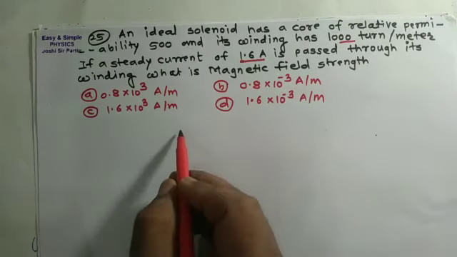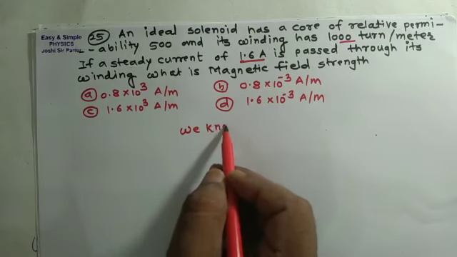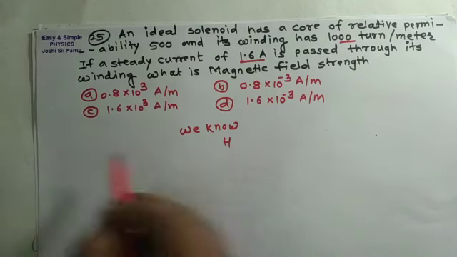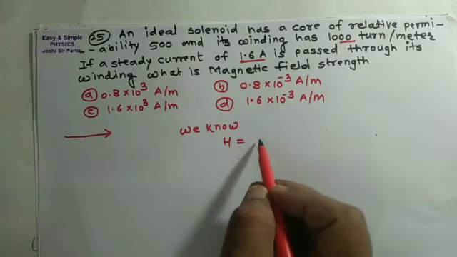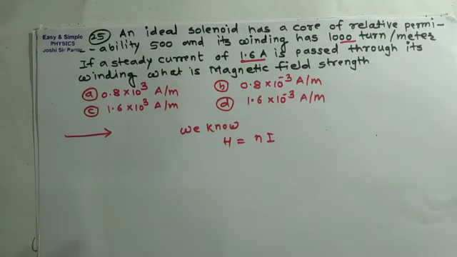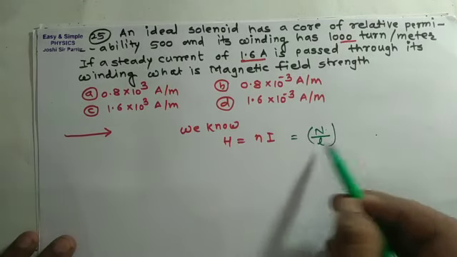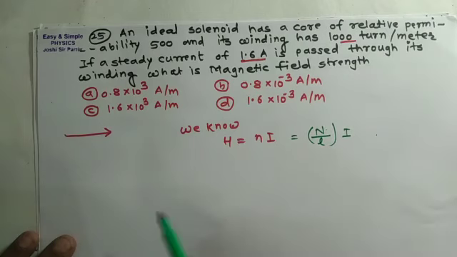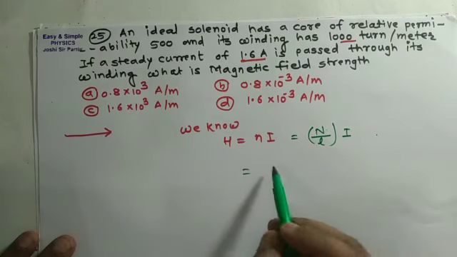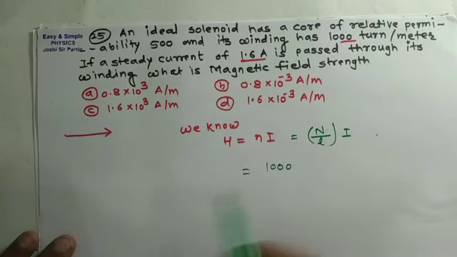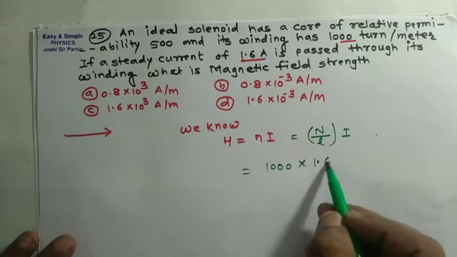So we know that magnetic field strength is H equal to nI. But here n is the number of turns per unit length, into I. If we substitute, the number of turns per unit length is 1000 multiplied by 1.6.